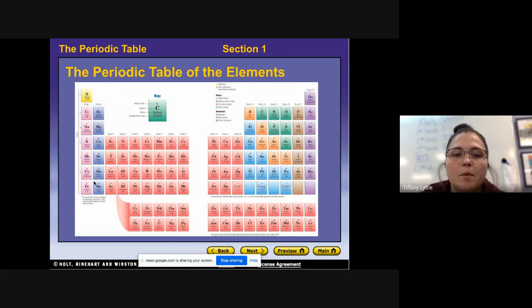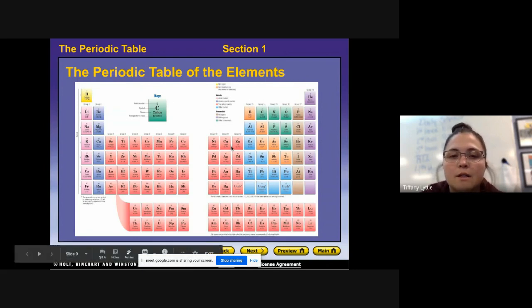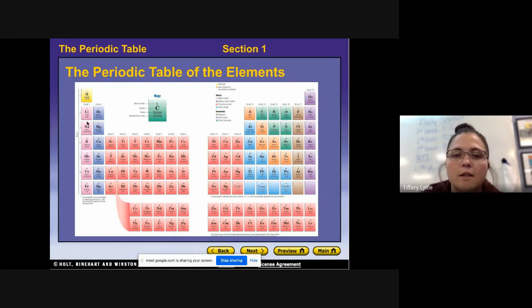Lilac, light purple, are the alkali metals. The bluish color are alkaline earth metals. All of these red, and I always call this the bridge because it kind of looks like a bridge between these 2 high sections. So everything in the bridge are transition metals.